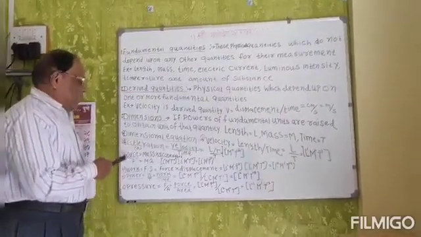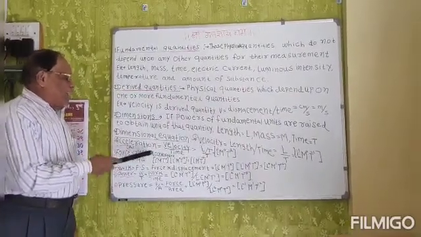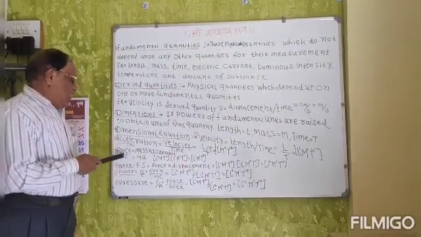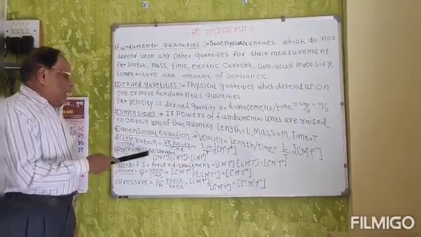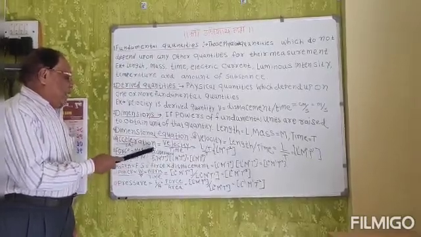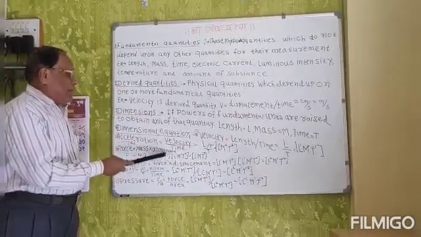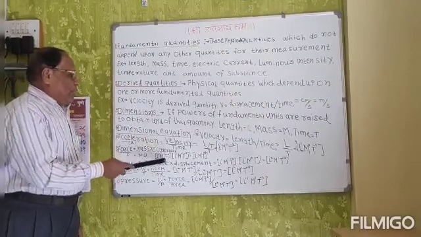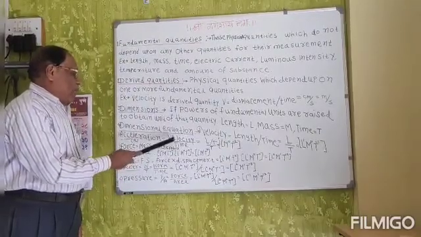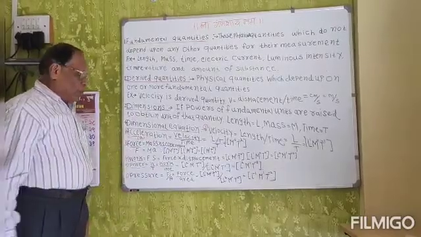Further we can write the dimensional equation for force also. According to the definition, force is the product of mass and acceleration. Therefore the dimensional equation of force can be written in a square bracket, length to the power 0, mass to the power 1, time to the power 0, and in another square bracket, length to the power 1, mass to the power 0, and time to the power minus 2.